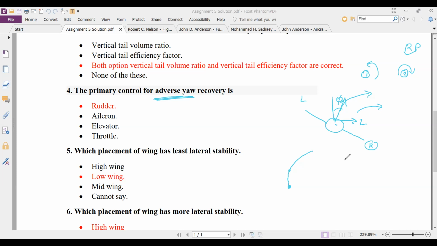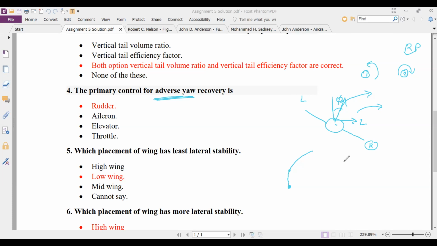Then is... I could not understand actually. So it is the opposite direction. The trajectory is in the right direction, then it is the opposite direction, to the left side, sir.